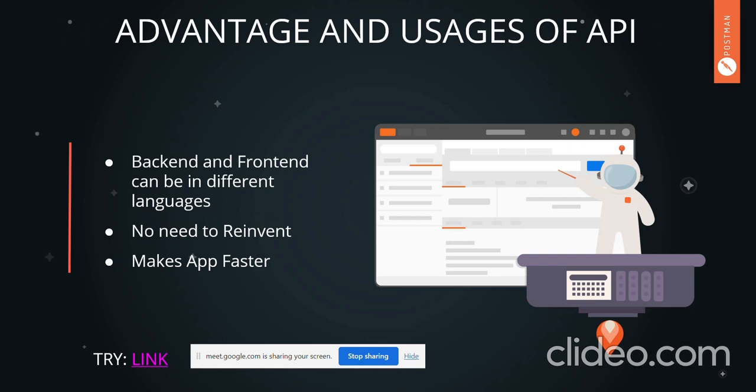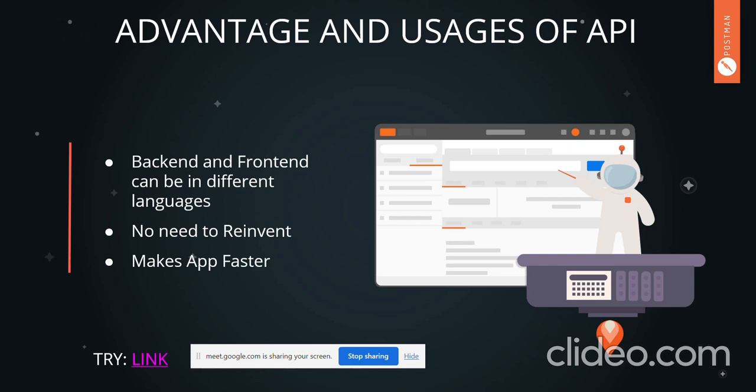Suppose there is already an available API for existing software, then we don't need to reinvent it, because we can just use the API, which saves our time, cost, and money. And APIs make our app faster, because we can use cloud-based servers, which are much faster than servers we set up in our local environment.